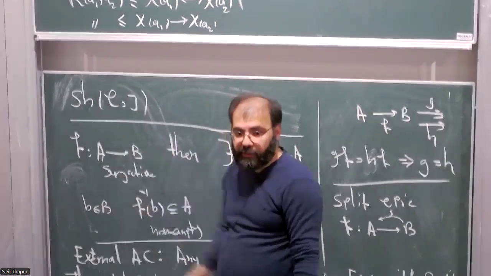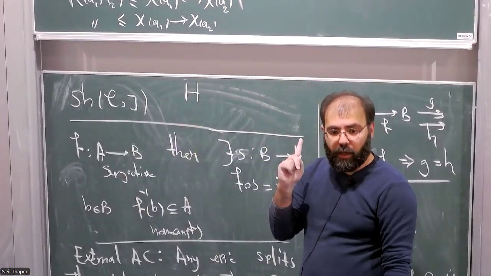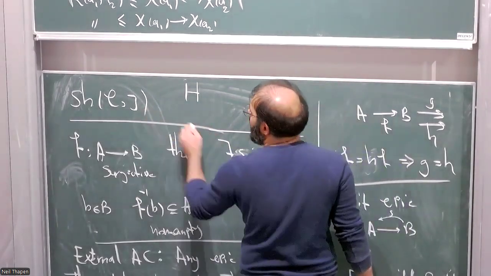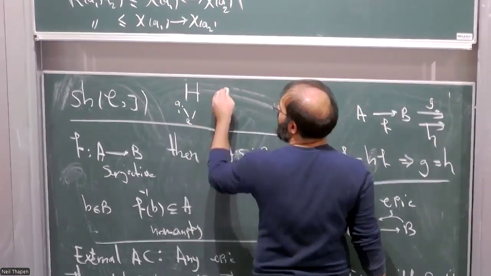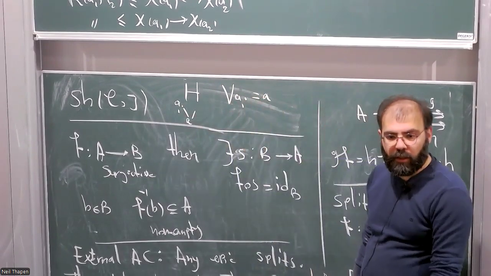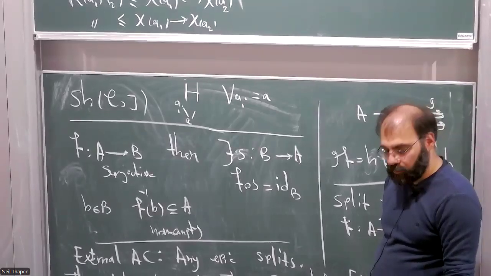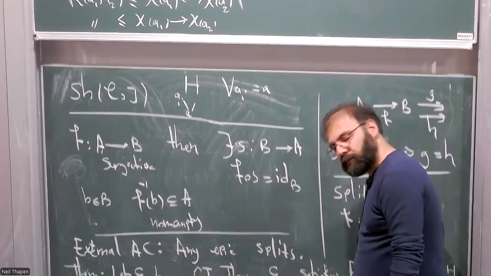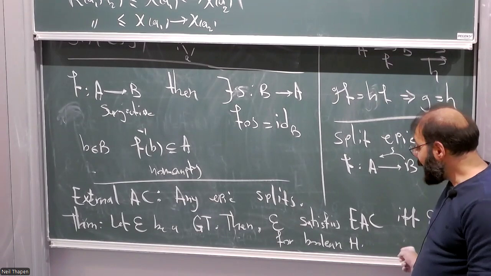And one specific site is when H is a complete Heyting algebra, and then your J means that you have A and some AIs, and these cover A when the disjunction of the AIs is A. Yes, exactly, and vice versa.